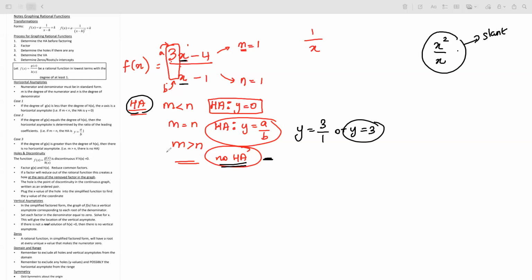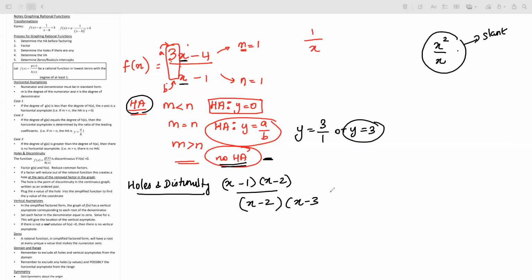So now we know how to find the horizontal asymptotes. Now let's go over and find what are holes and discontinuities. Now guys, in the current scenario, I don't have any holes and discontinuities. When will there be holes and discontinuities? You remember when we solved rational expressions, we excluded values. Suppose you're able to factorize a rational expression like this, we cancelled, right?